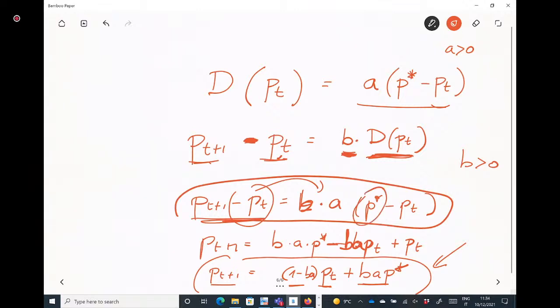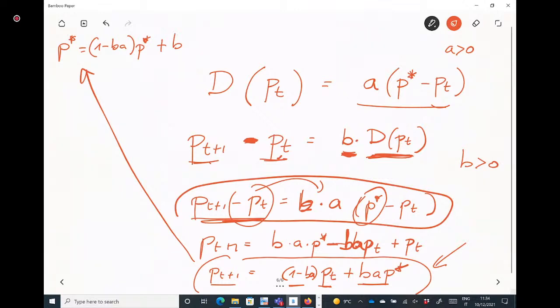But you can obtain it from your equation, because if you set P star at the left-hand side equal to 1 minus BA P star plus BA P star, so Pt plus 1 is equal to 1 minus BA P star.